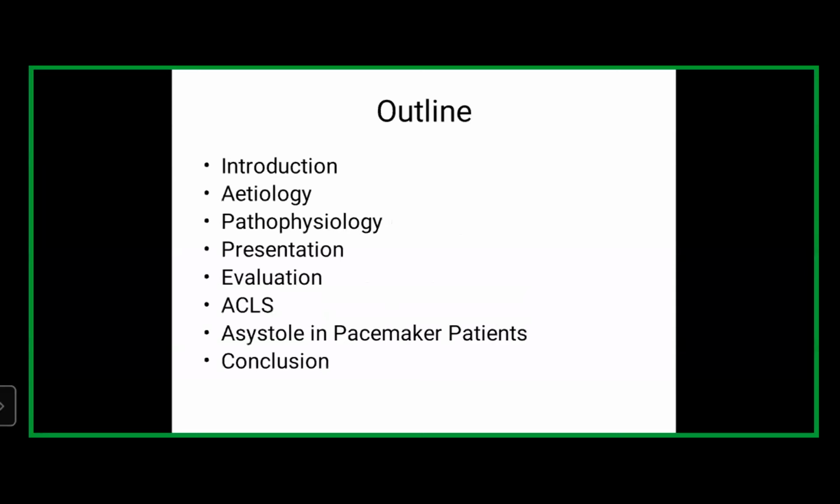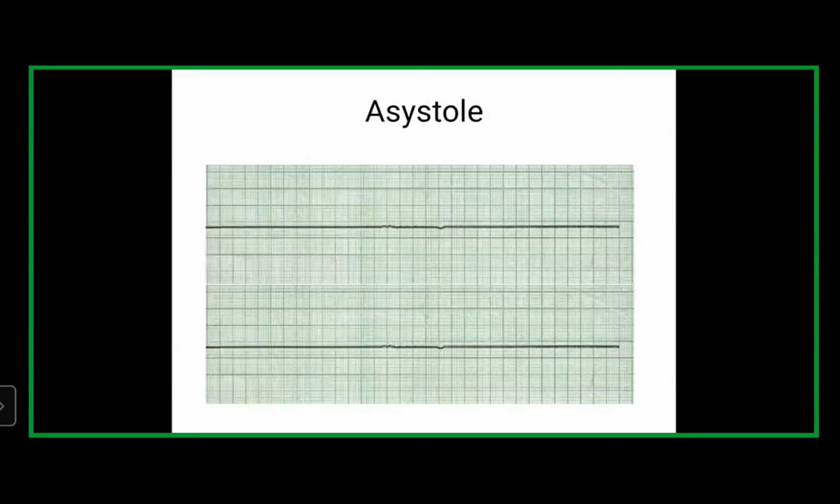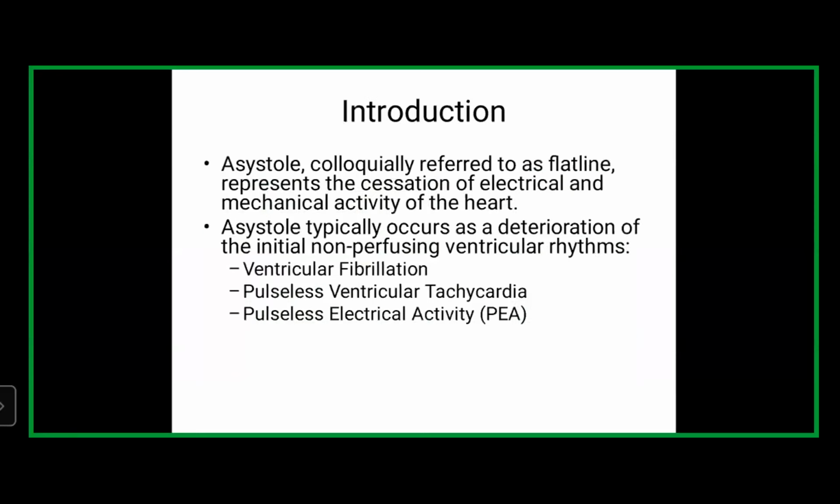So here's my outline. And this is what asystole looks like. Asystole is actually referred to as a flat line, representing the cessation of electrical and mechanical activity of the heart.